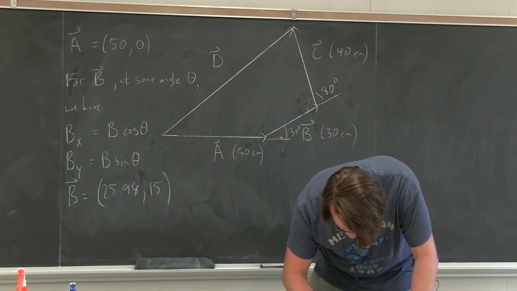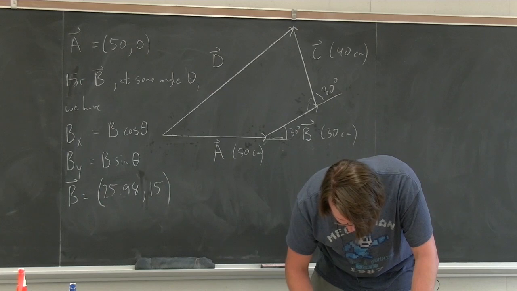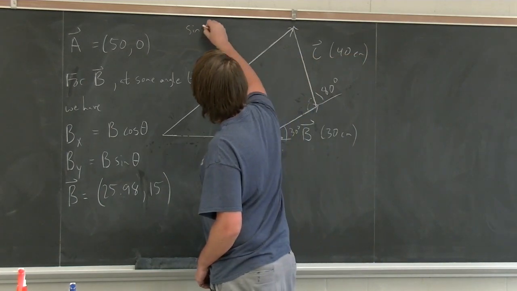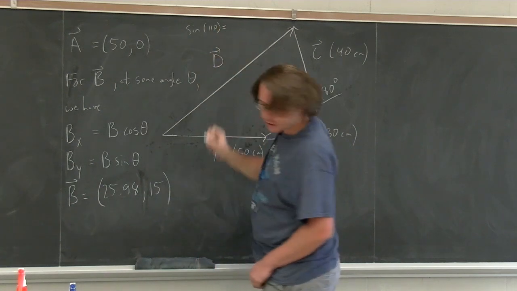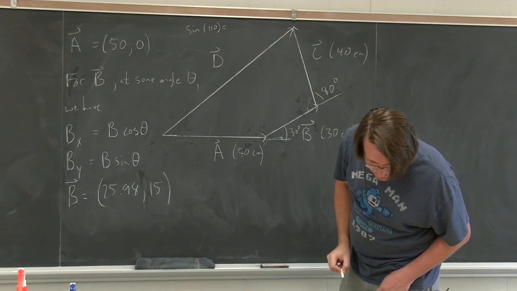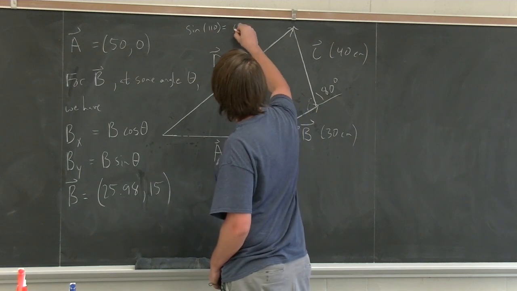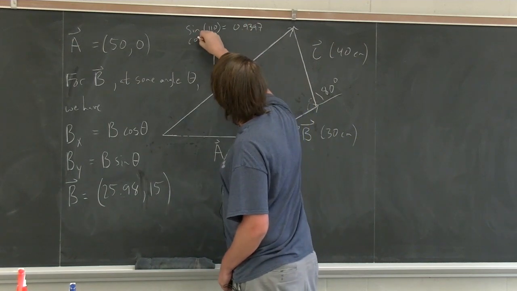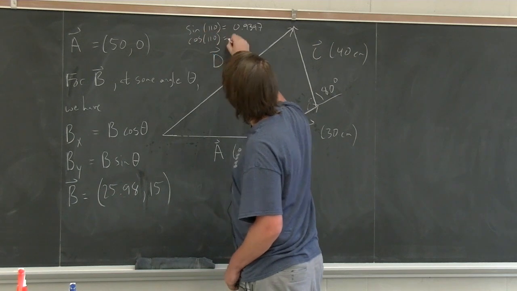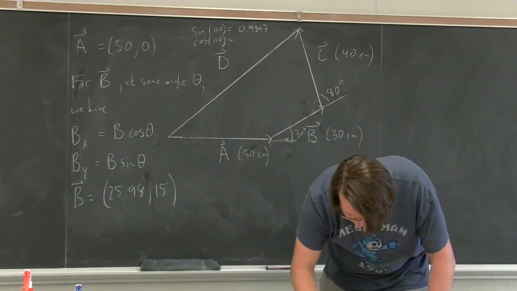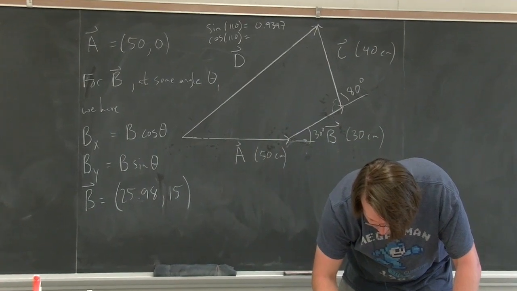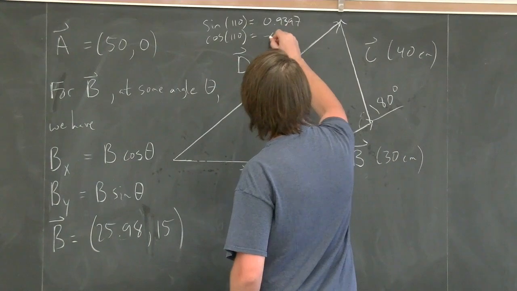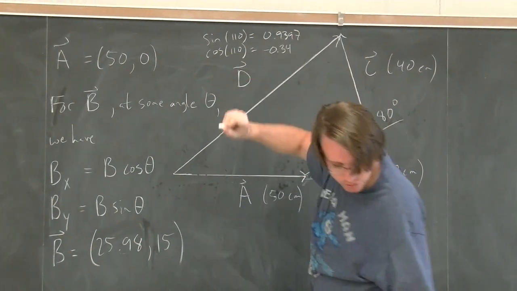So sine of 110, I'm just going to write this up here to keep track, is 0.9397. And cosine of 110 is negative 0.3420.